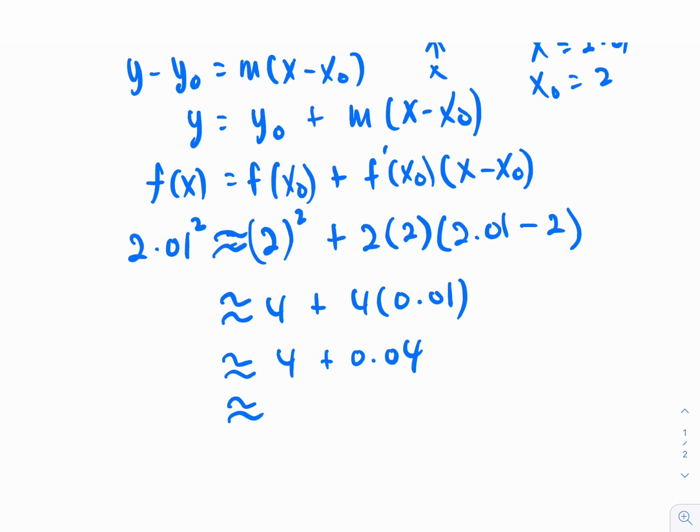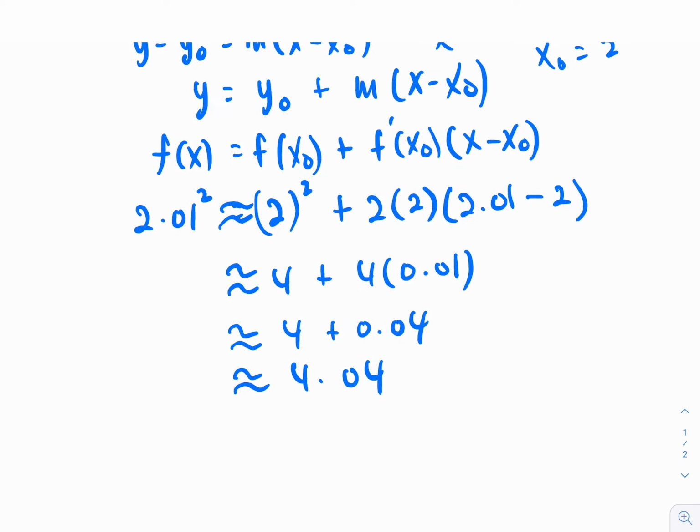If we sum this up, we have 4.04. This is the approximation. Now let's check the actual value of 2.01 squared using the calculator. When you press it on your calculator, we have 4.0401. As you can see, our actual solution is about the same as our approximation.